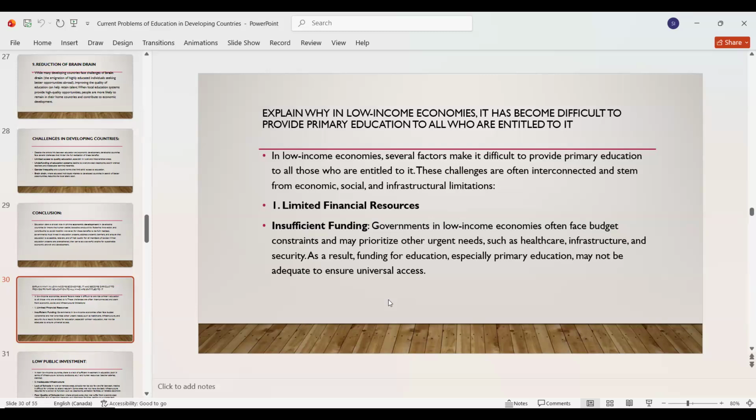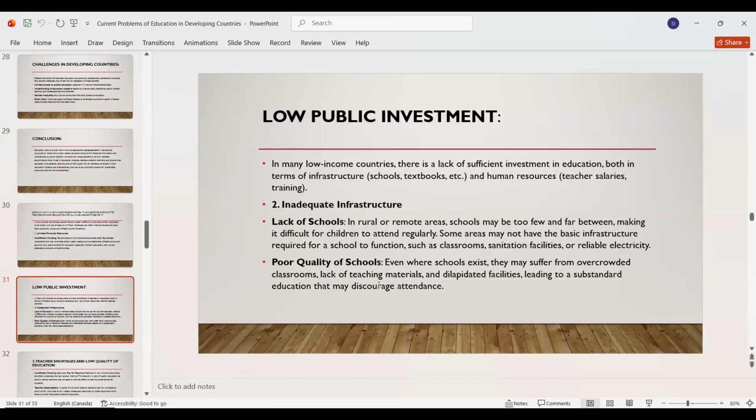Governments in low-income economies often face budget constraints and may prioritize other urgent needs such as healthcare, infrastructure, and security. As a result, funding for education, especially primary education, may not be adequate to ensure universal access.